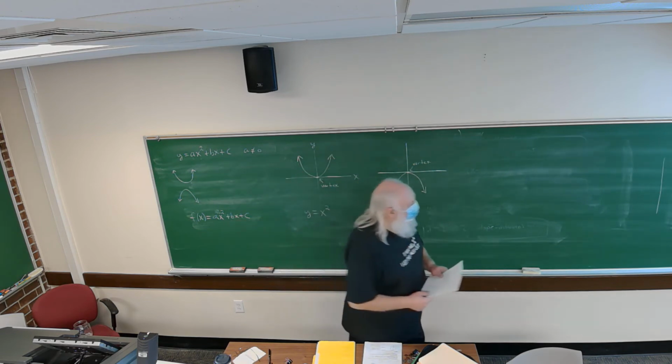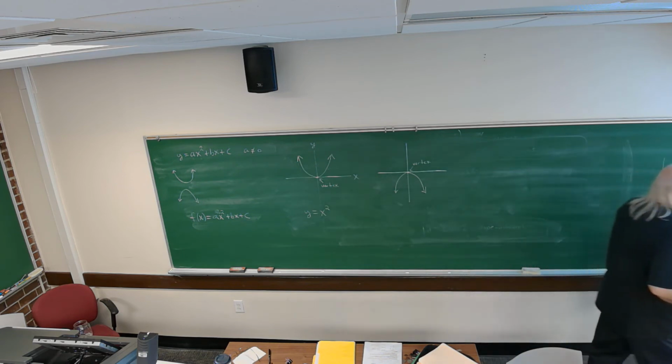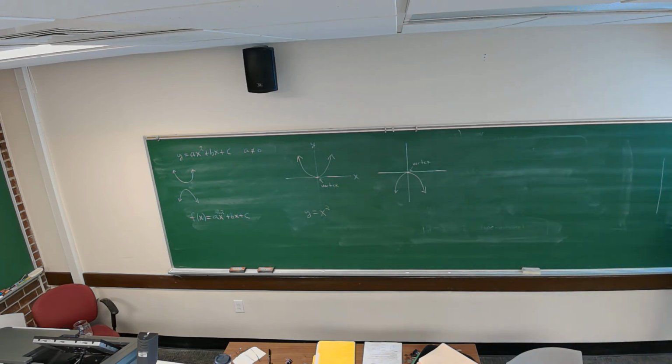The x coordinate for the vertex is negative b over 2a, and then the y coordinate, remember y values are dependent on x values, is f of minus b over 2a. And since this is the vertex, the axis of symmetry is the vertical line x equals minus b over 2a. So this is the equation of a vertical line.